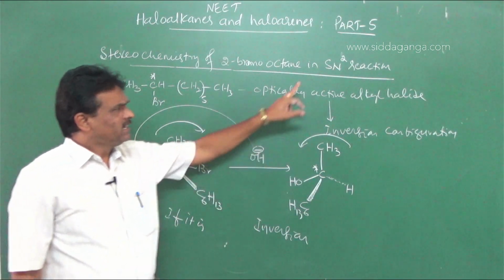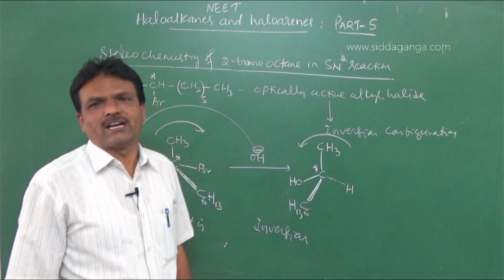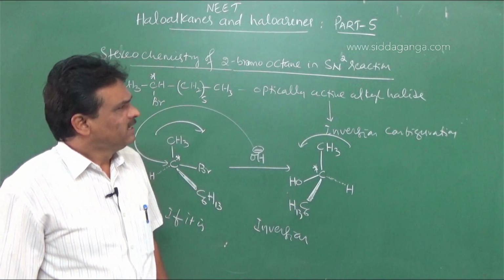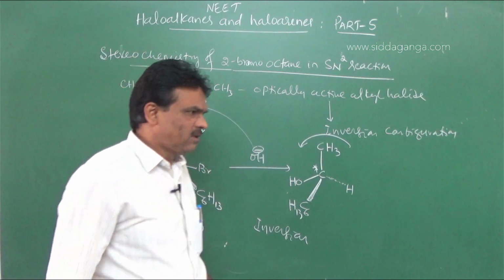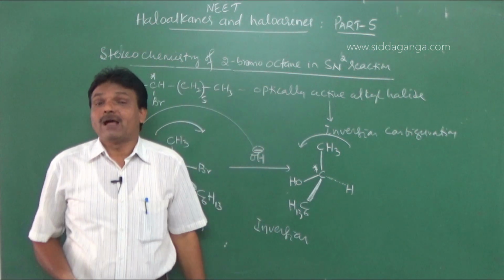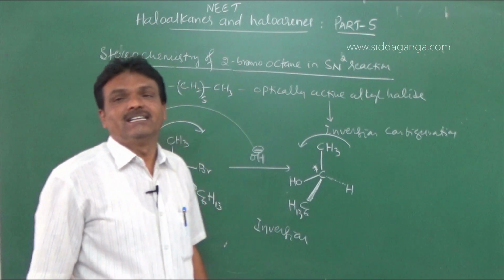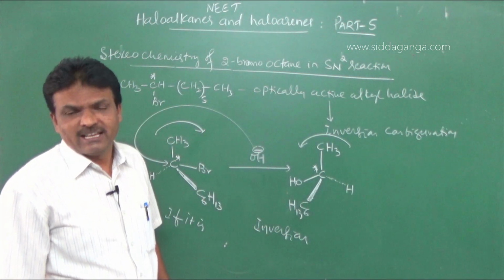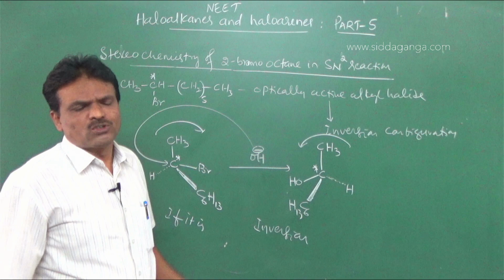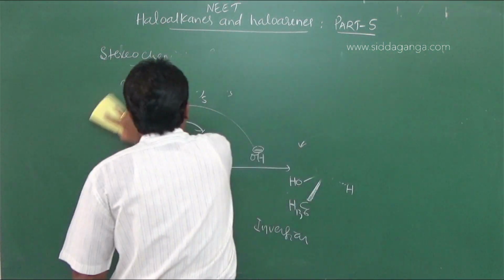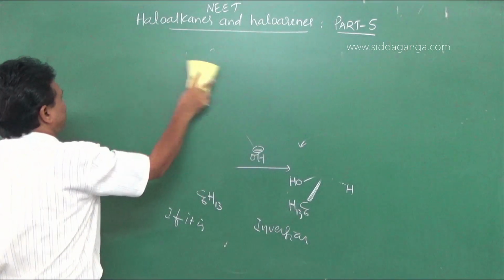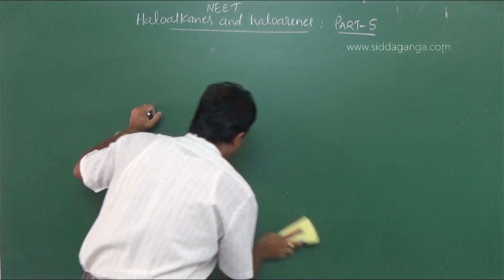So this is in case of only SN2 reaction. So this is about SN1 and SN2 reactions. Clear? Next. What are the properties of aromatic halogen compounds like haloarenes? Let us look at the chemical properties of chlorobenzene or in general haloarenes.